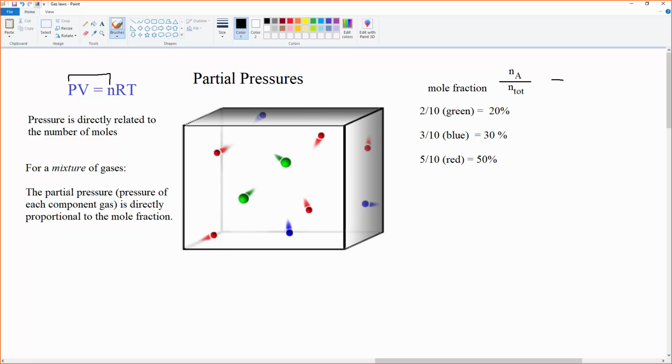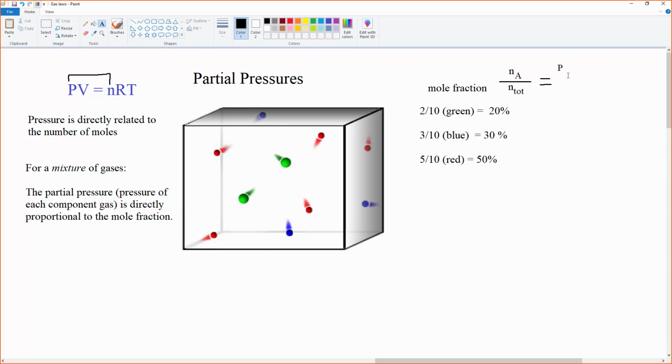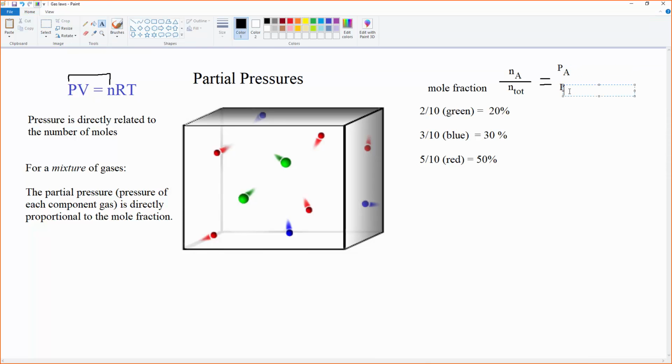But what this is telling us is that the mole fraction is equal to the pressure fraction. That is to say, the pressure exerted by component part A divided by the total pressure, that fraction is equal to the mole fraction.